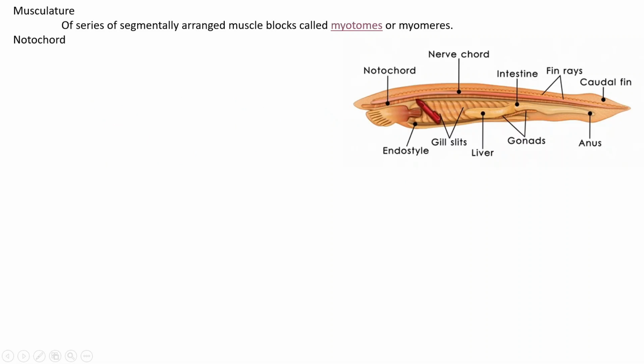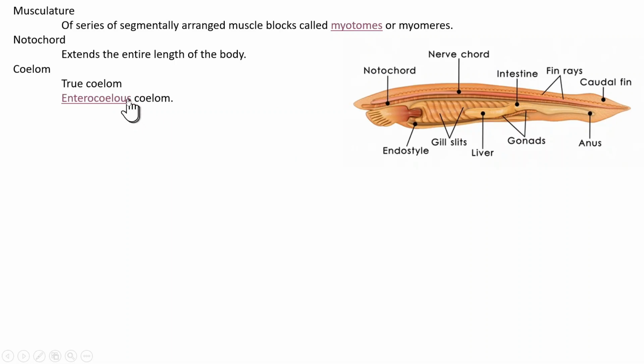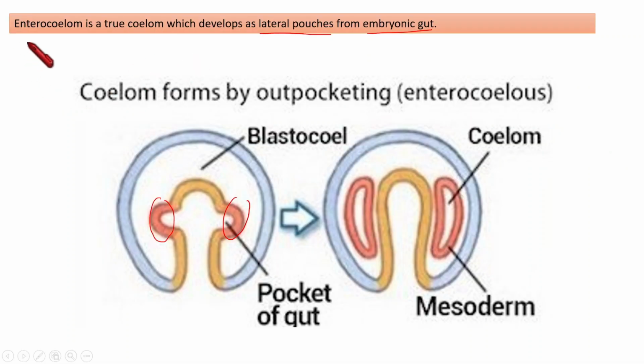Then the notochord, about its specialty, I already told you. It extends the entire length of the body of that organism. Coelom is a true coelom, and also it is an enterocoelic coelom. You have studied this type of coelom in your first semester. Anyhow, once more I am going to explain.